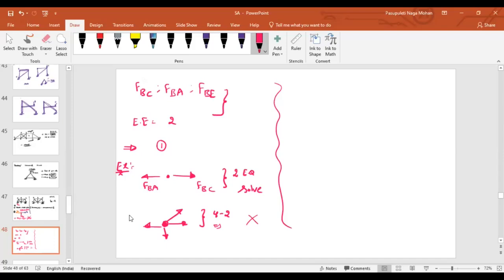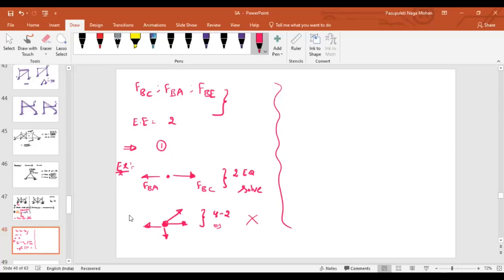Now, from these 3 examples, can we understand one thing? If you want to consider a free body diagram at any joint, you have to make sure that the number of unknowns should not be more than 2. Why? Because if the number of unknowns is more than 2, then the equilibrium equations are not sufficient.